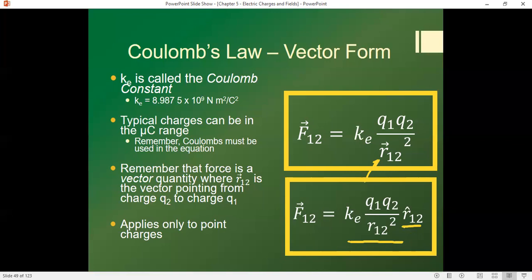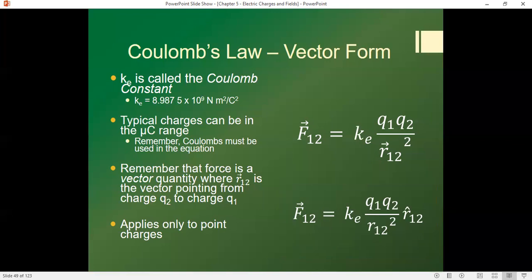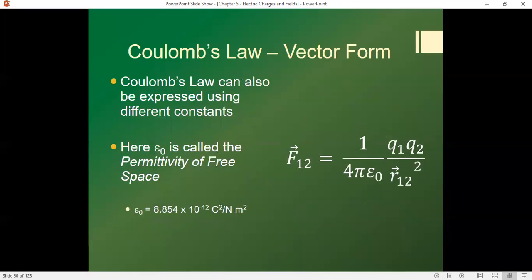It would be pointing either from 1 to 2 or from 2 to 1, depending on whether it was an attractive force or a repulsive force. Actually, I should say it would point toward the charges or anti-parallel to that direction, again depending on whether this were an attractive or a repulsive force.